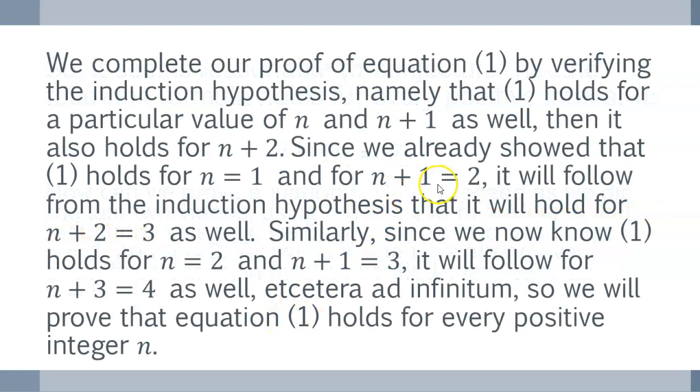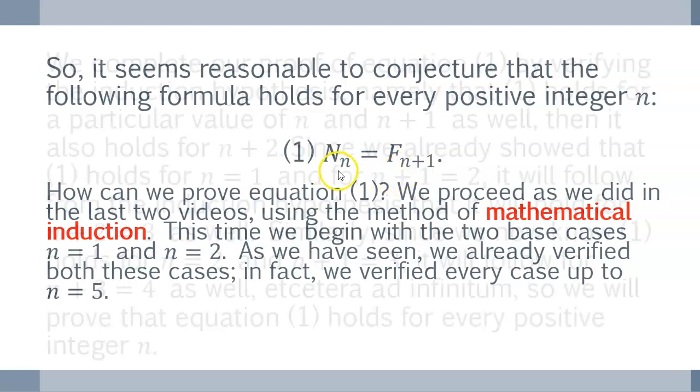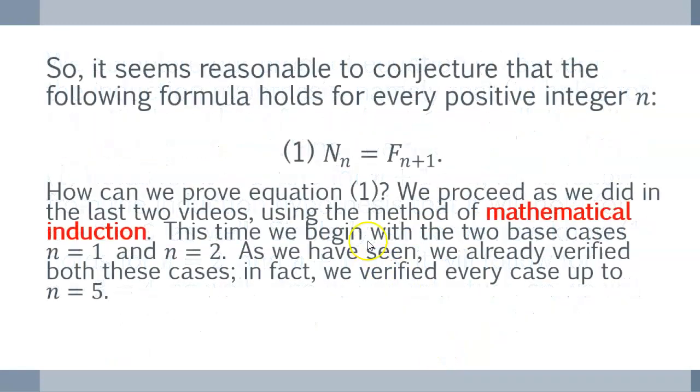Now we can proceed to proving the induction step. This time, the induction hypothesis is actually going to involve 2 statements rather than 1. We assume that for a particular value of n, as well as its successor n plus 1, equation 1 holds for both of those cases. Then we want to prove that it also works for n plus 2. It turns out that that is enough to prove formula 1 for all n.